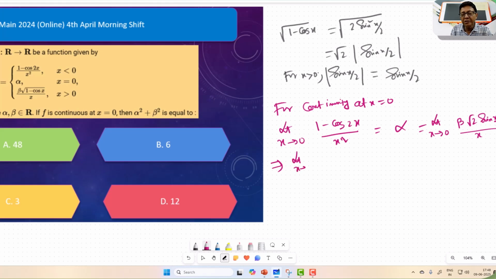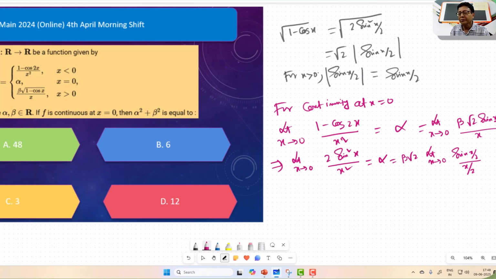Now simplify this one. 2 sin square x by x square is alpha, beta root 2 sin x by 2 by x by 2.